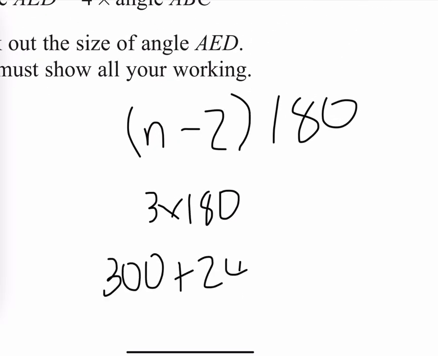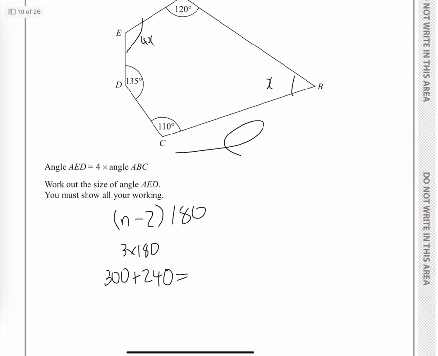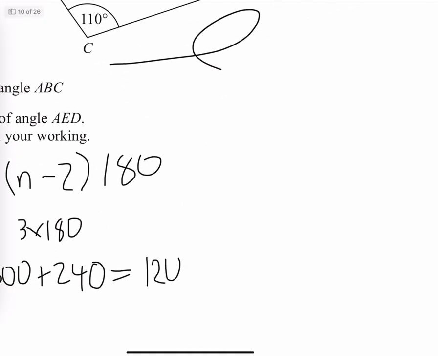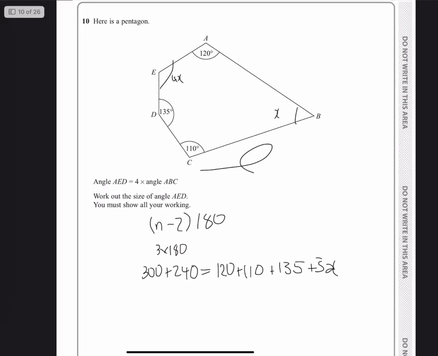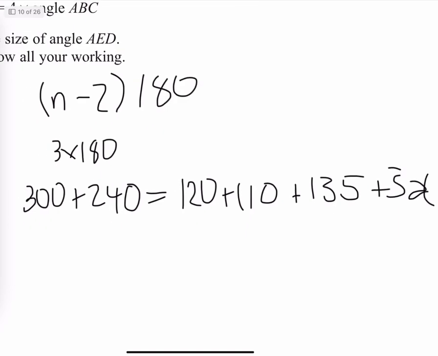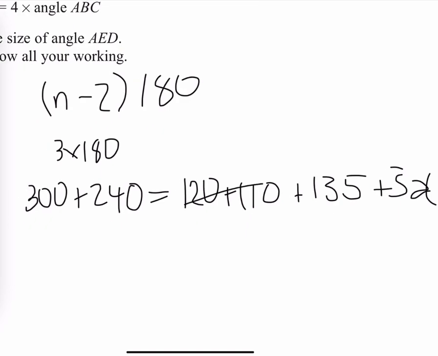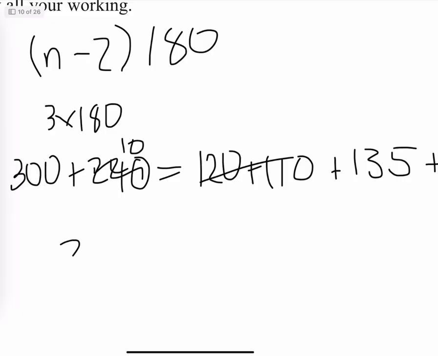And this is equal to 120 plus 110 plus 135 plus 5x, yes? So what's the easiest way to... So that's just make that 10. You should do this much neater than I should. It goes without saying, obviously. So then we have 310 minus 135 equals 5x.